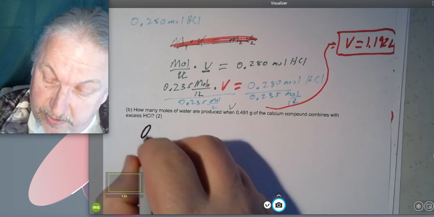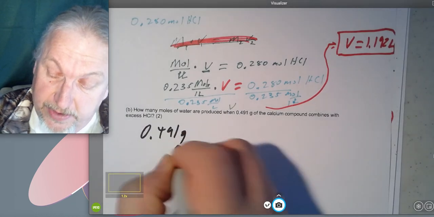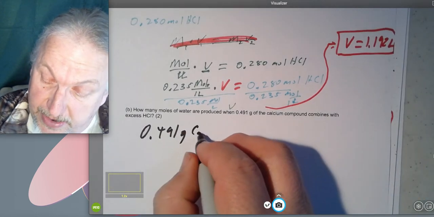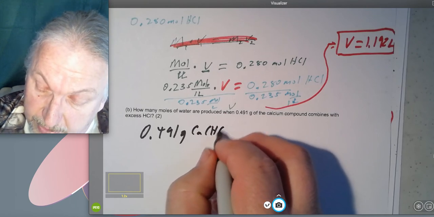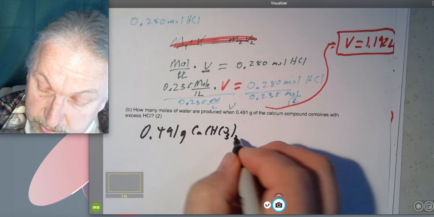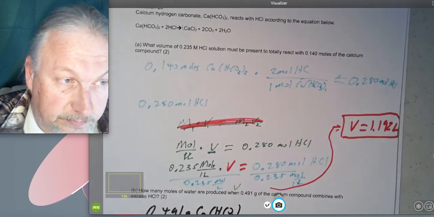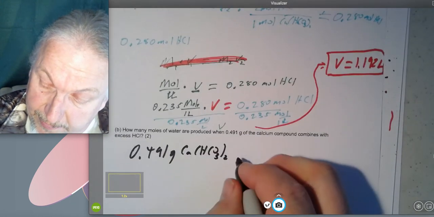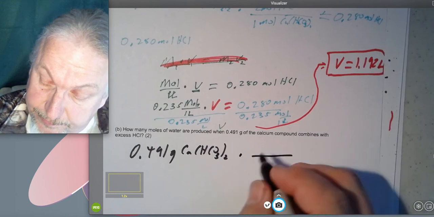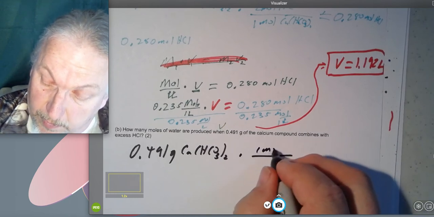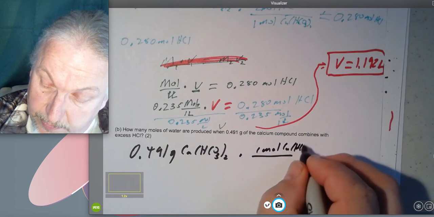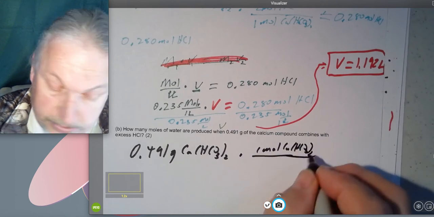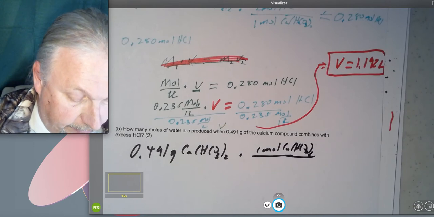I've got 0.491 grams of the Ca(HCO3)2, and I have to convert that into moles. 1 mole of Ca(HCO3)2.